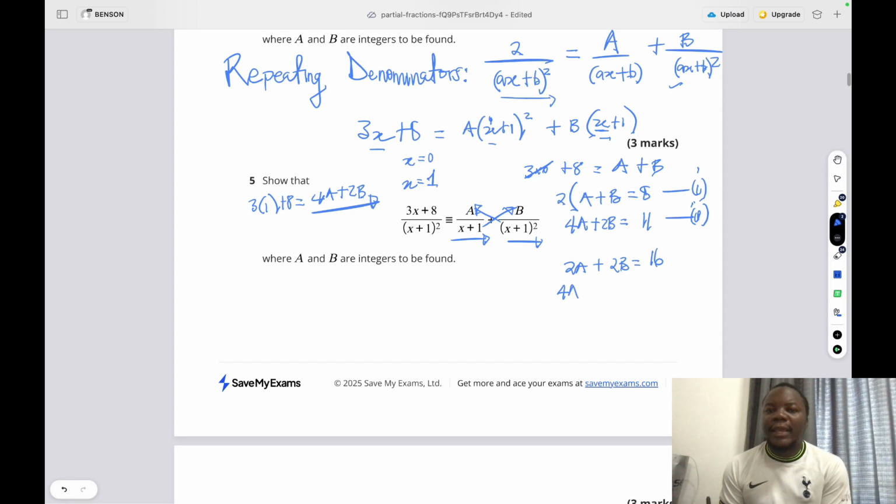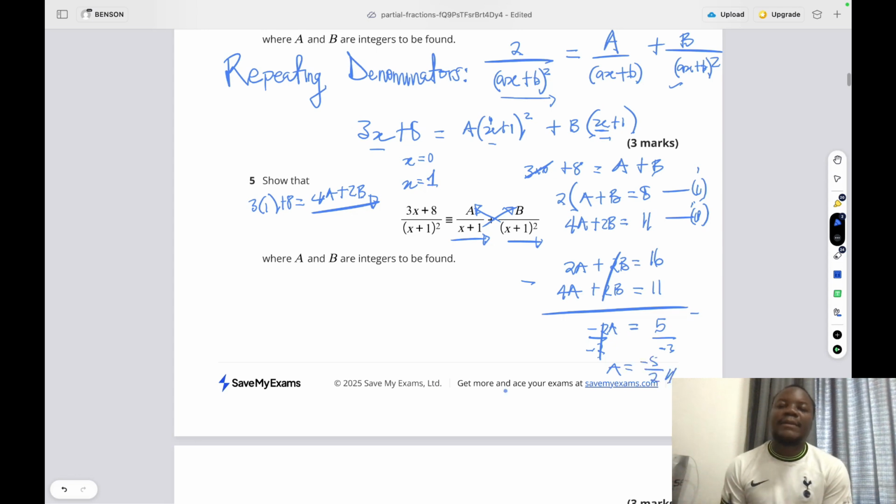Then I've got 4A + 2B = 11. I will subtract these two like that. 16 minus 11 is 5. The B terms cancel. Then 2 minus 4 gives me negative 2A. Then I divide by negative 2, meaning A is equal to negative 5 over 2.